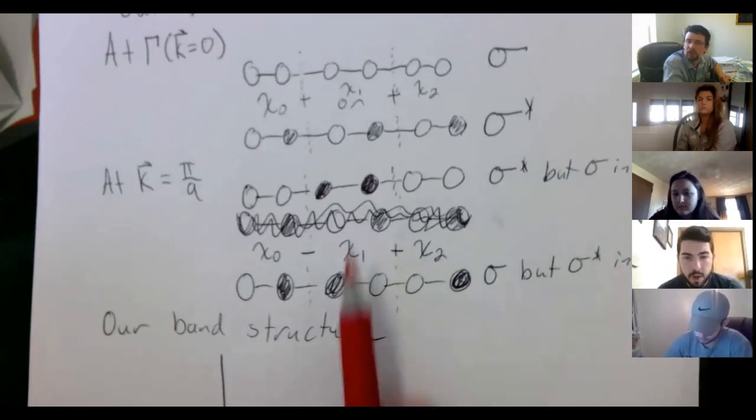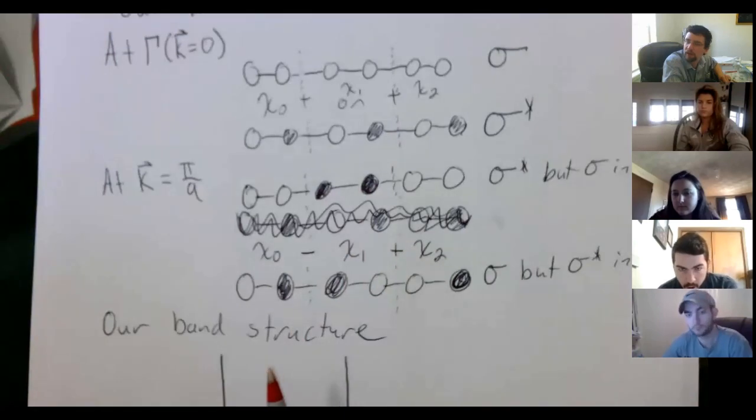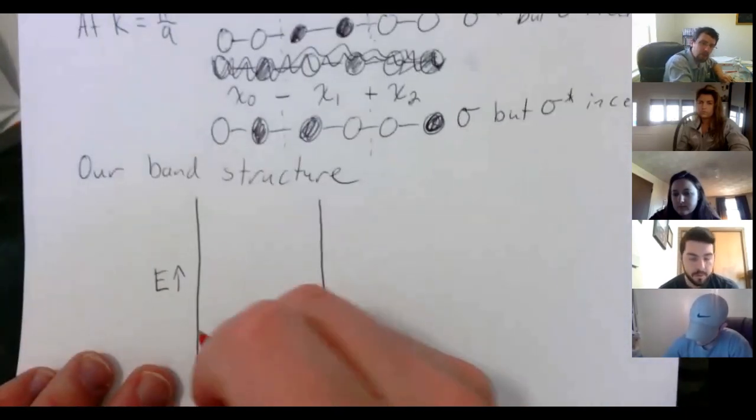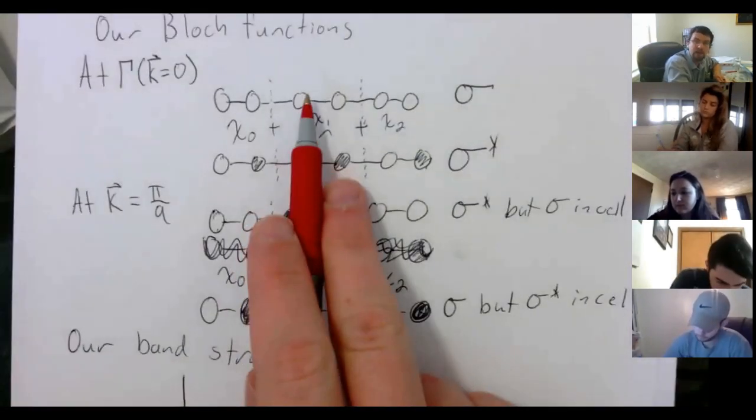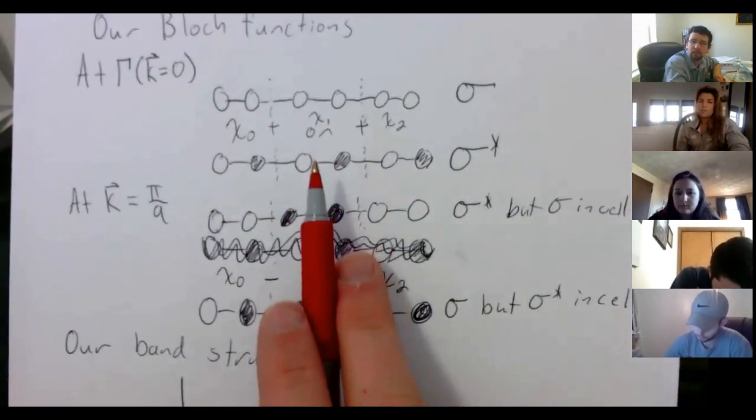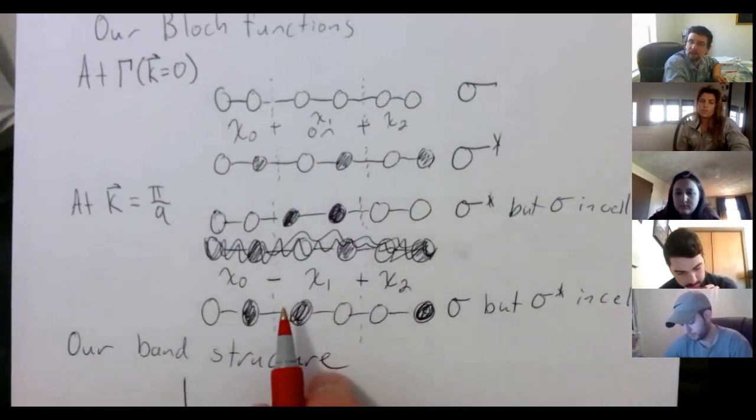So could you tell me which of these is the most energetically favorable? Probably the very first one. Yep, that very first one, that's definitely the most energetically favorable. So we're going to go down here. We're going to put a little point there for it. Which one is the least favorable? I think the third one.